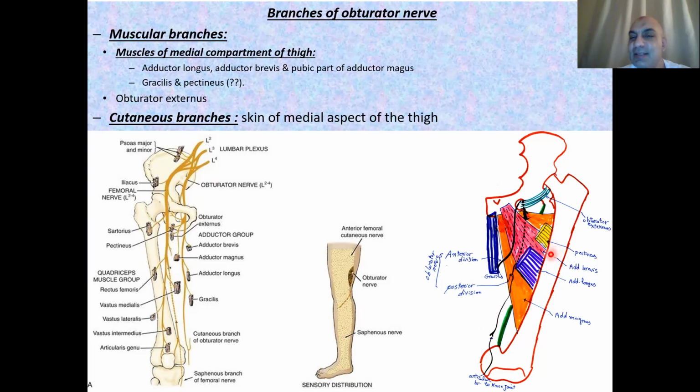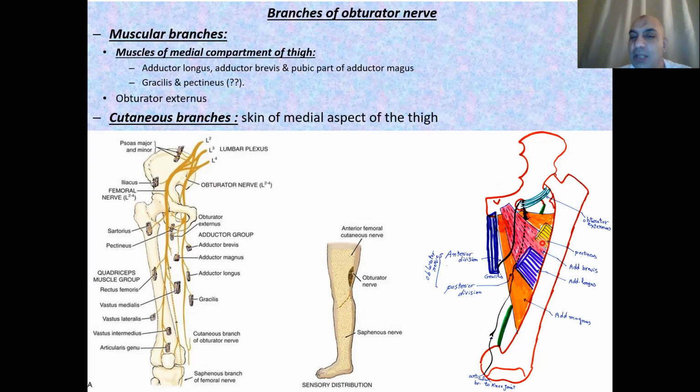So pectineus is a matter of discussion. So I put here an exclamation mark and question mark, to note that it is supplied maybe by obturator, maybe by femoral.